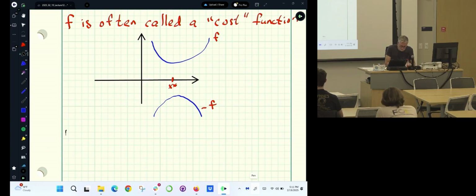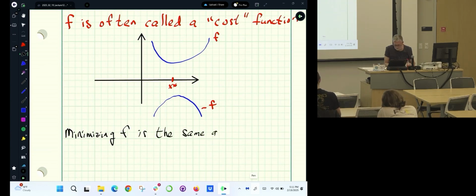And so minimizing f is the same as maximizing negative f.